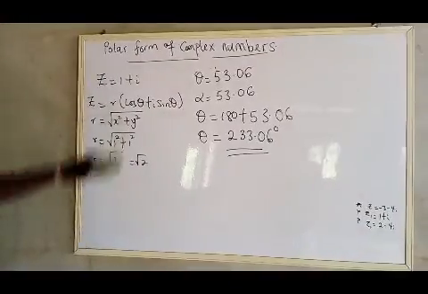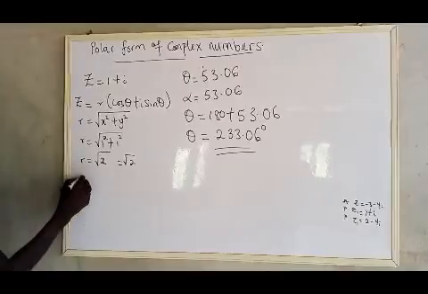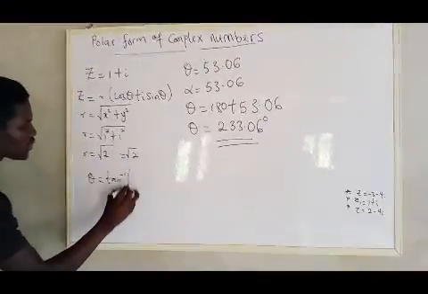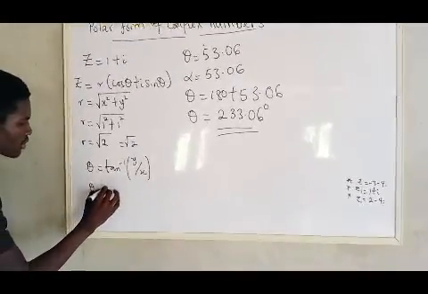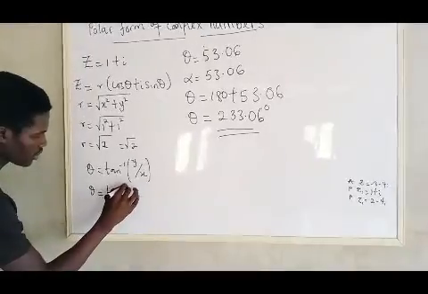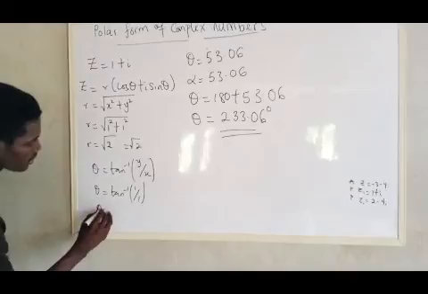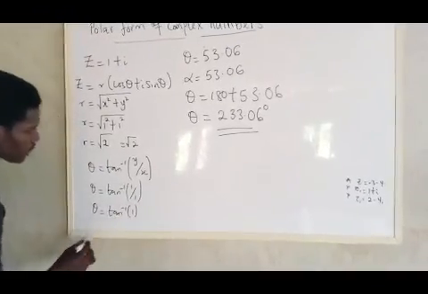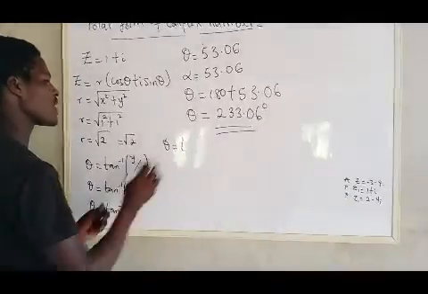All right, so the next one now. We've gotten our r, then let's get our theta. How will we get our theta? Our theta is tan inverse of y over x. That will be tan inverse of 1 over 1, which is tan inverse of 1.